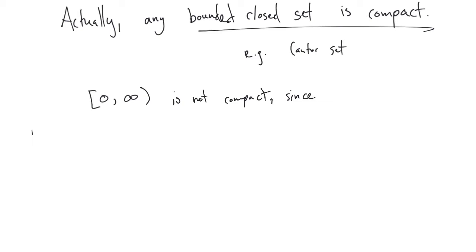Or something which does converge, but the limit point is outside of the set? Yeah. Something like a_n equals n. This sequence does not converge, and in fact, no subsequence of this converges, right? So this has no convergent subsequence.